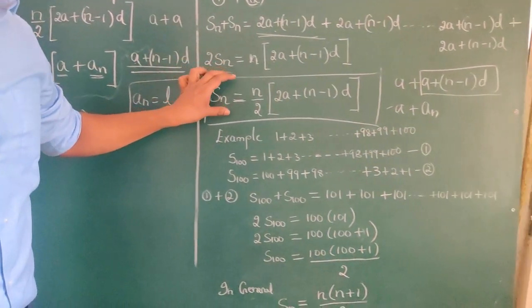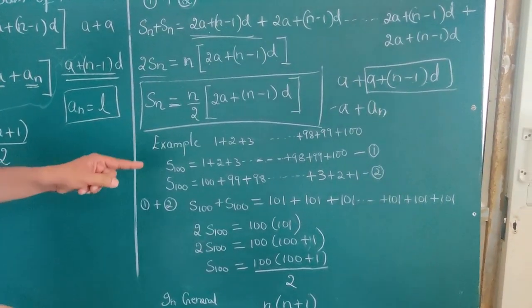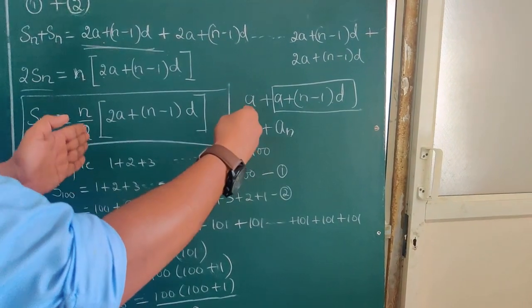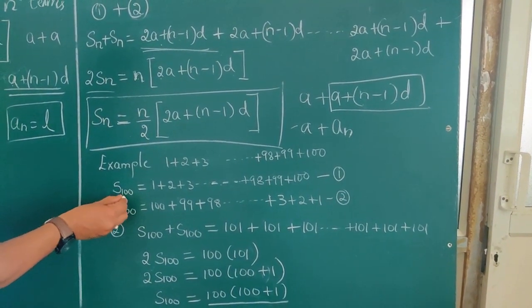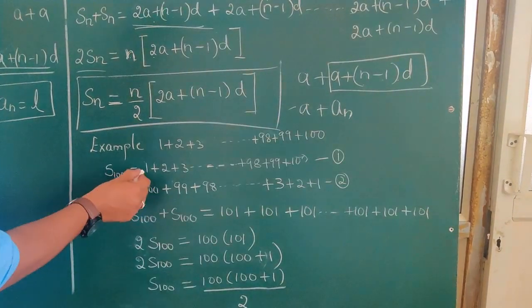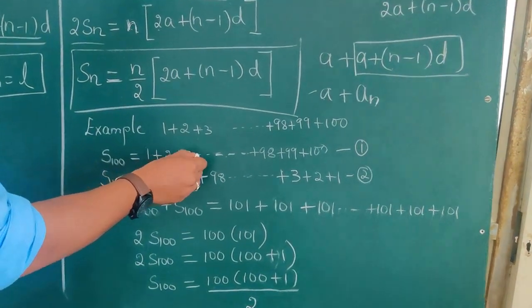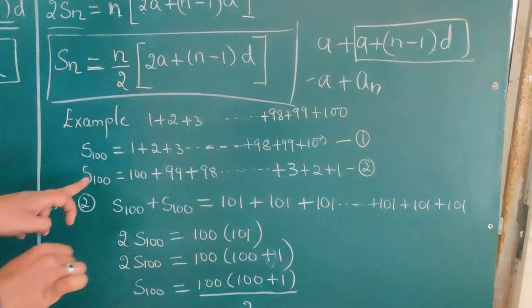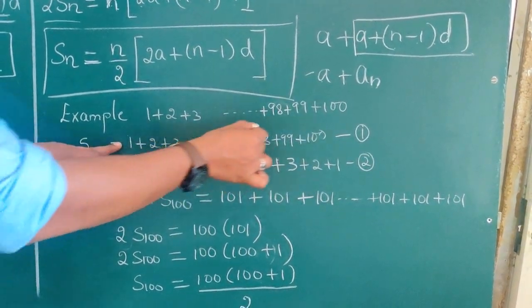If you did not understand this, let me explain it with the sum of the first 100 natural numbers. Now S100 means the sum of 100 natural numbers, 1 plus 2 plus 3 and so on up to 100. Now you reverse the order. It is written from 1 to 100.